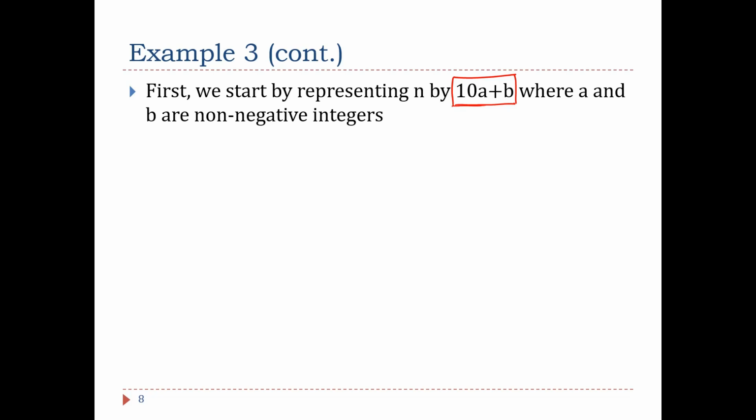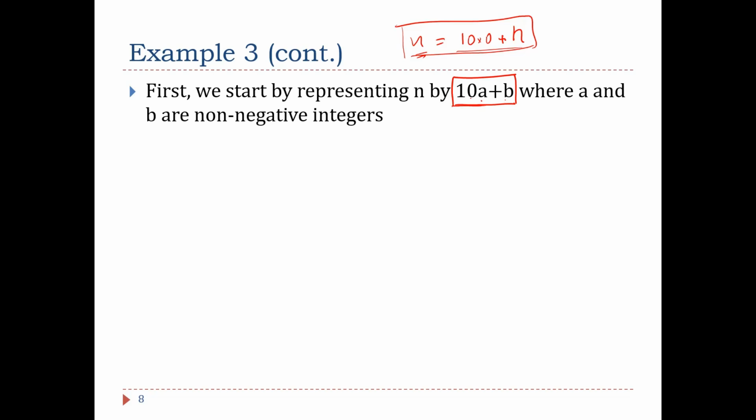If the number is less than 10, it means it's equal to 10 times 0 plus the value n itself, for any n that is less than or equal to 9. For the values that are greater than 10, you can clearly say that it's equal to some value times 10 plus b.